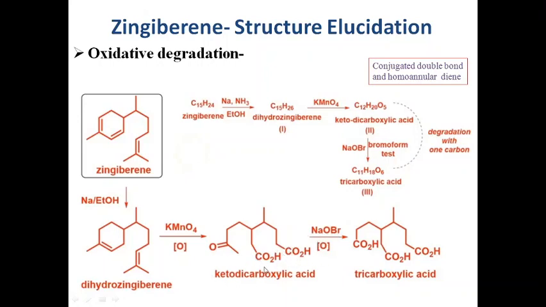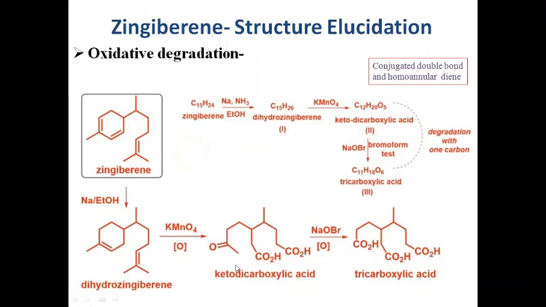This is the probable structure of the keto dicarboxylic acid. This is the methyl ketone group, which is converted into a carboxylic acid group in the bromoform reaction.